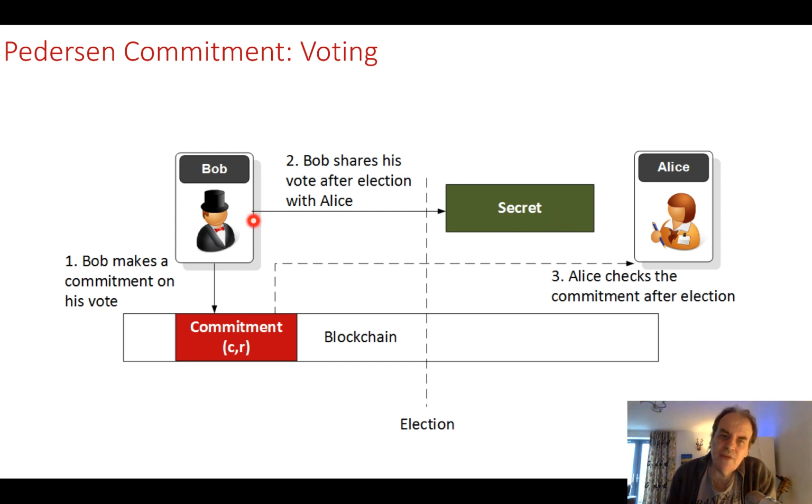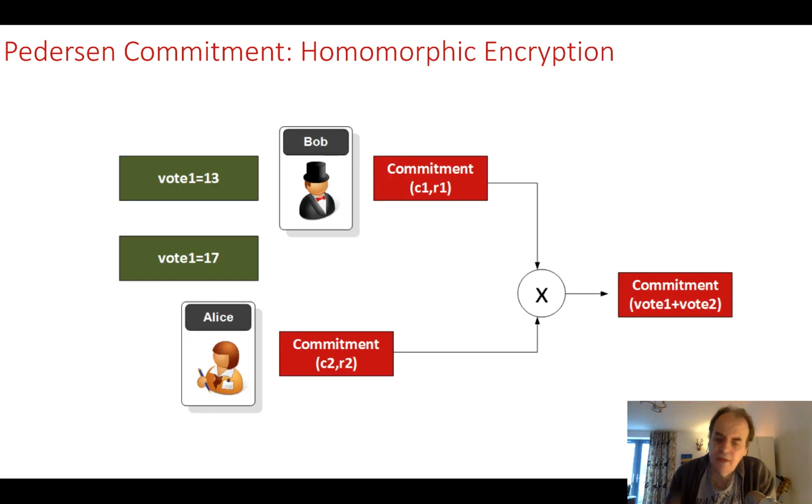But as we saw before, we could use a homomorphic encryption method to be able to add things together. And this is what we can do with the method that was shown with discrete logarithms. We can take the two commitments and multiply them together as values, and that's equivalent to adding the two votes together as a commitment.